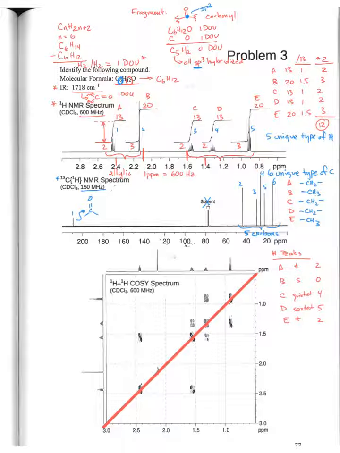We know that peak B has 0 neighbors, so we know that's going to be directly bonded to the carbonyl. And so in terms of a proposed structure, we have a CH3 group with no neighbors bonded to a carbonyl.